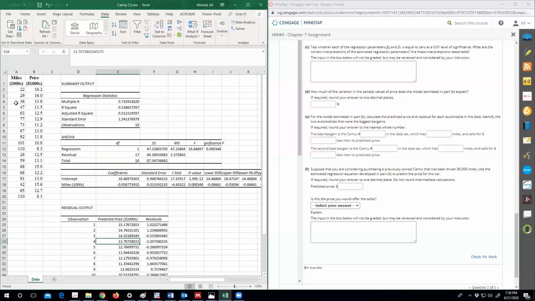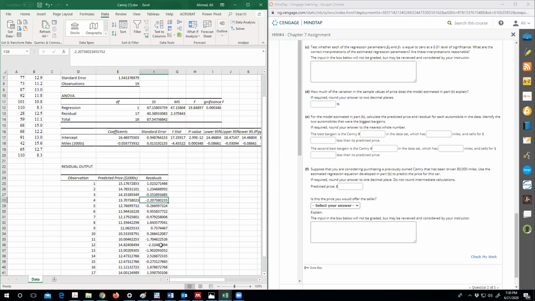On the fourth one, it's 47, it's in the market at $11.5 thousand, but we are saying the predicted price is 13,000. So that is a good bargain.